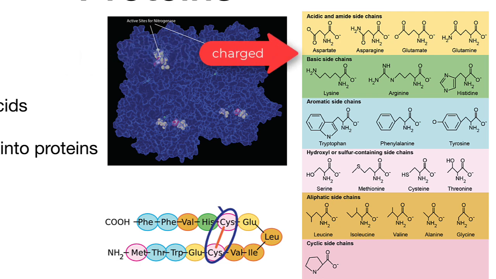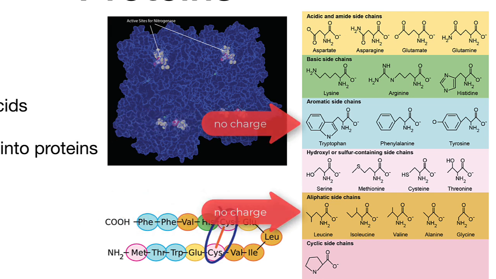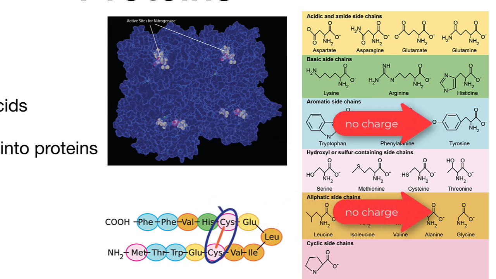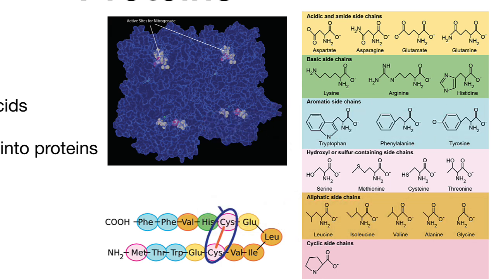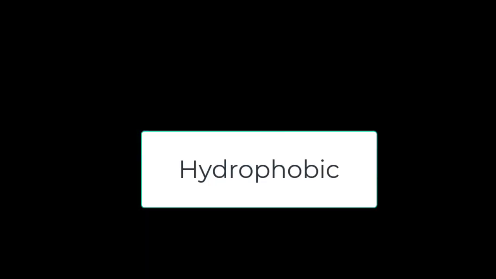Some are charged, acidic and basic amino acids, and like water, they are hydrophilic, while others have no charge and lots of carbon and hydrogen, for example, the aromatic and the aliphatic amino acids. These structures share electrons well, are nonpolar, and don't like water. They are similar to the oily compounds that we talked about before with lipids, and this dislike of water is called hydrophobic.